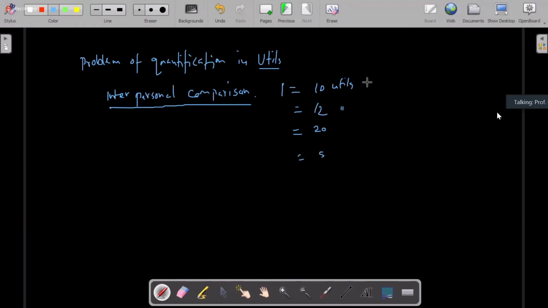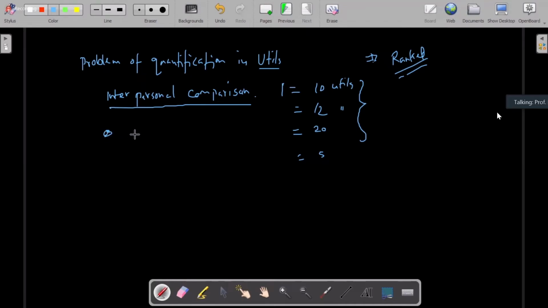So this is called the problem of interpersonal comparison. That's why some scholars say that utility cannot be quantified, it should be ranked. So we can rank the utility between maybe two goods.